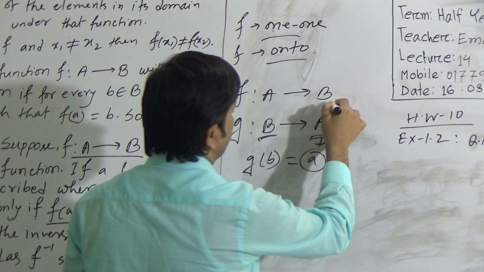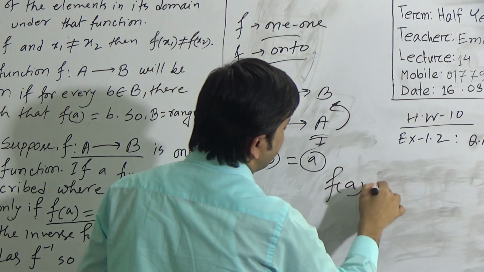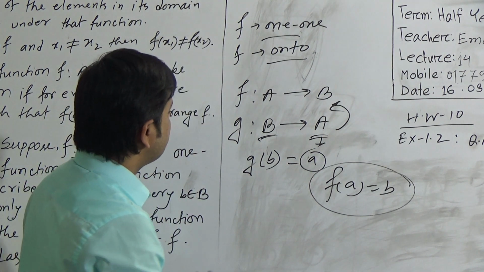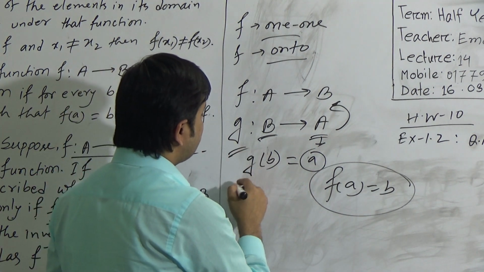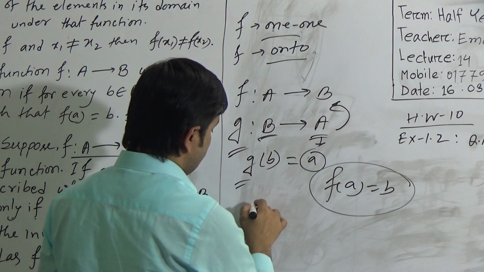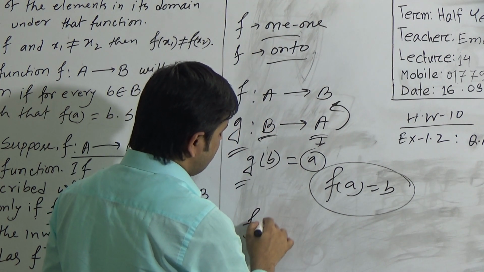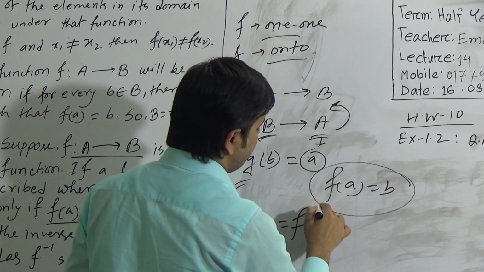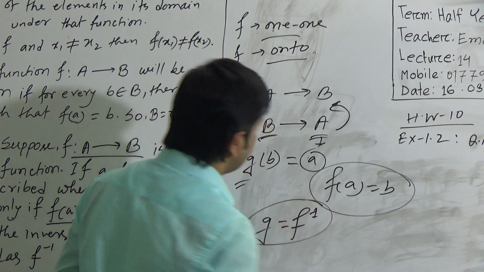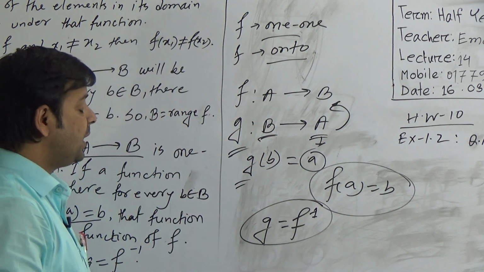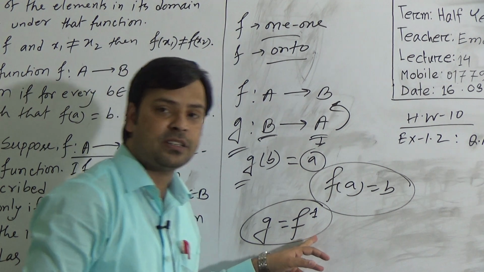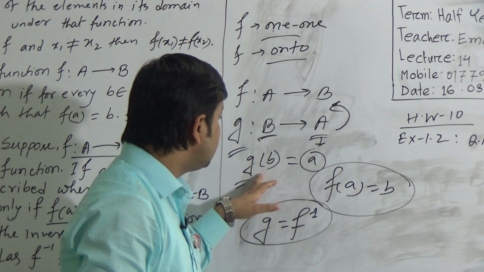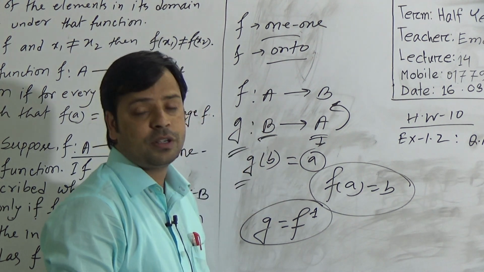Conversely, for the function f of a equal to b, this function g is said to be the inverse of f, and we can write g is the inverse function of f, and denote this by g equal to f inverse. We can also write f to the power minus 1. So then g is called the inverse function of f.